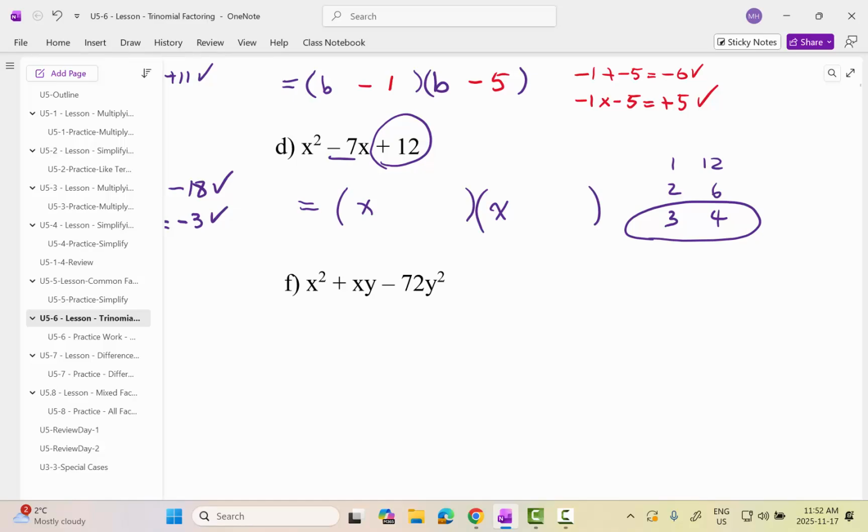But the middle number is negative. So that means both have to be negative, because you have to get negative times negative to get positive 12. And -3 plus -4 gives you -7. So that has to be -3 and -4.